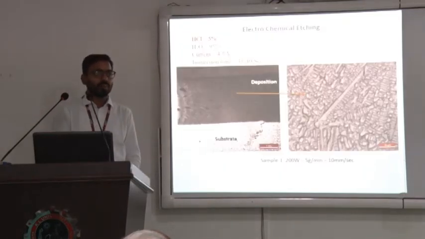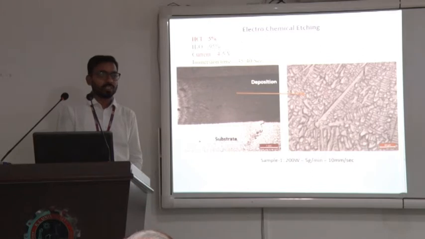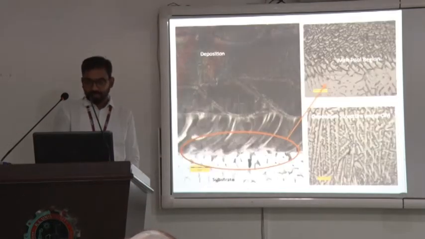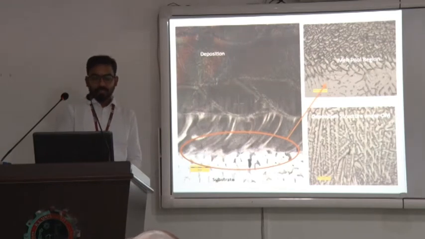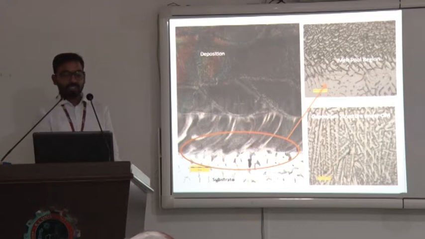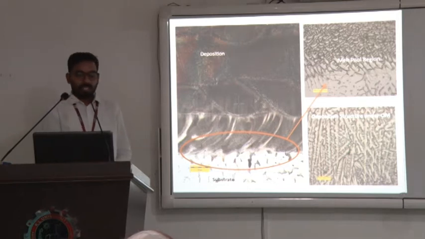Electrochemical etching was performed with 5% HCl in aqueous solution in order to reveal the microstructure and observe it under an optical microscope. This is the microstructure under the optical microscope. We can see the substrate and deposition, and the highlighted part is the intersection between the deposition and substrate.